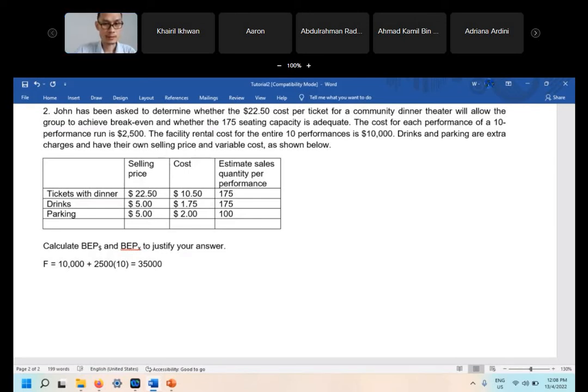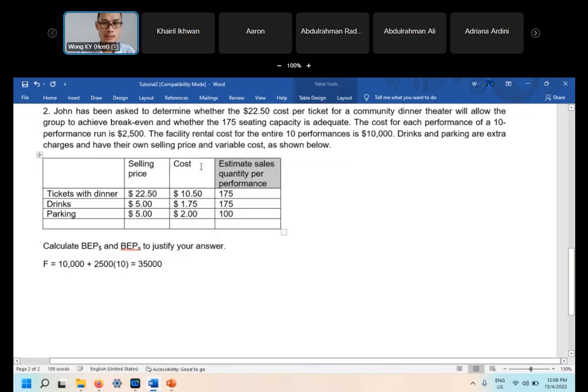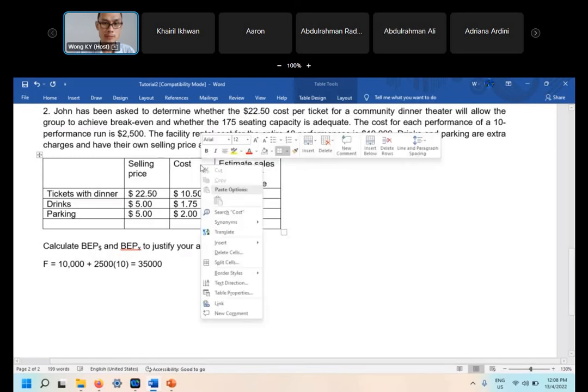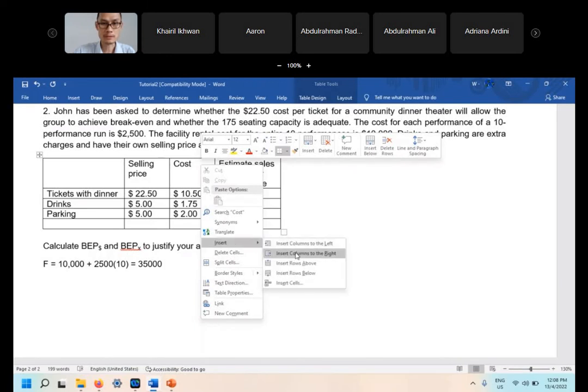And variable costs, things like that, you have to work on the tables. So remember the method that I taught you, this is where we have multiple products, right? So for multiple products, first you have to create a column to calculate V divided by P, right? So insert a column on the right.